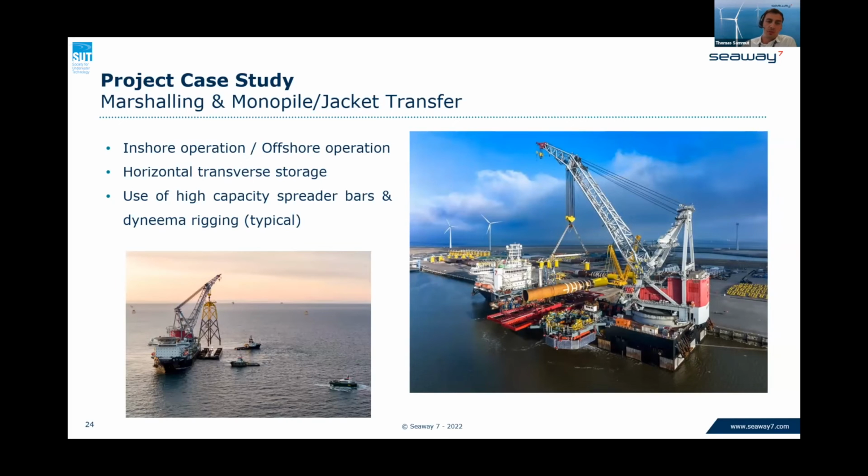And as an example there, I also showed a photo of a jacket, which was basically brought in by barge and installed directly in field. So like I said, it can be both an inshore or an offshore operation. Again, it comes down to the logistics and capacity of the deck.